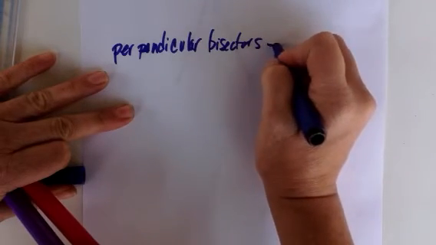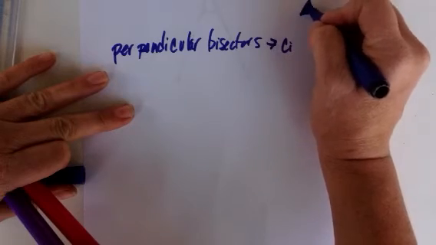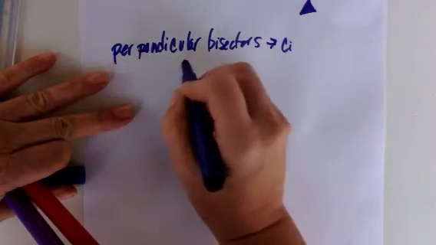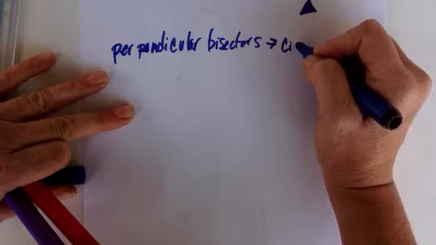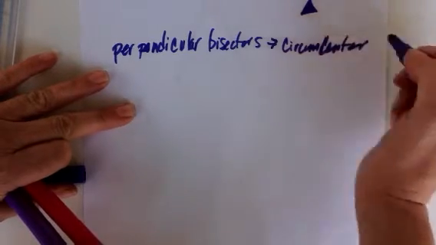They cross at the circumcenter in a triangle. So in a triangle, the center where the perpendicular bisectors cross is called the circumcenter.